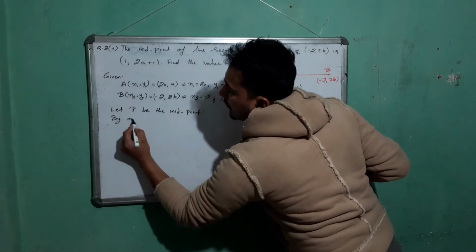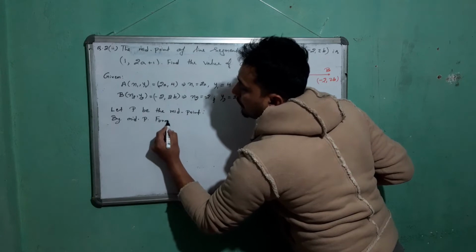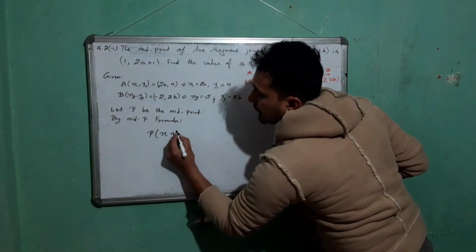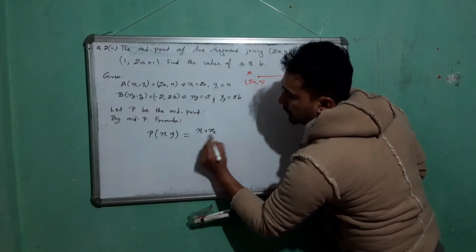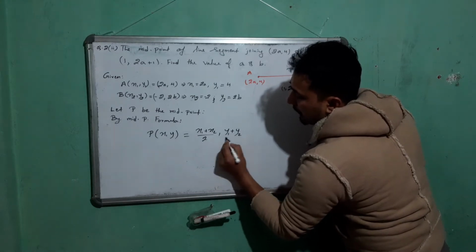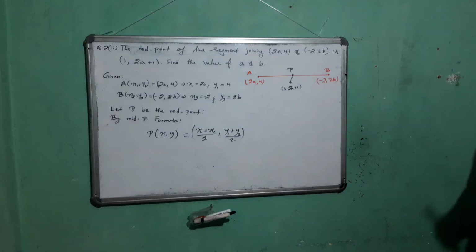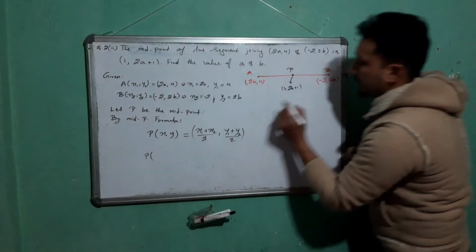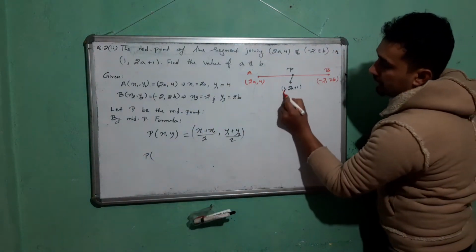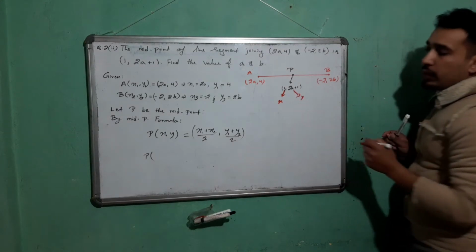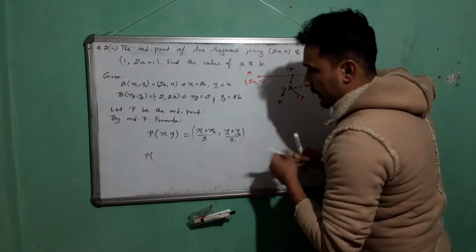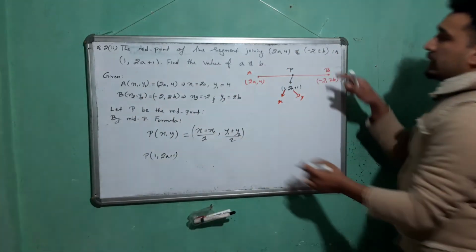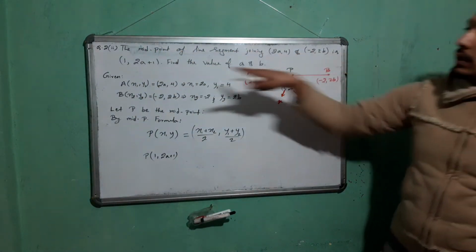By the midpoint formula, we have P(x, y) is equal to ((x1 + x2)/2, (y1 + y2)/2). This is the midpoint formula. In place of P, the midpoint is given as (x, y), where x is 1 and y is 2a + 1. The midpoint of the line segment joining these two points is already given.